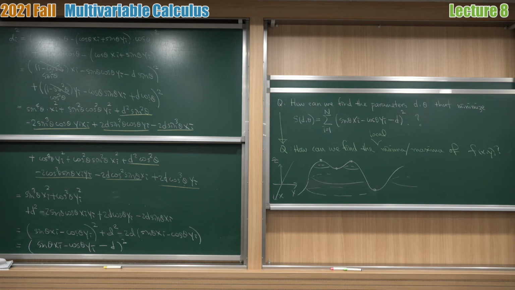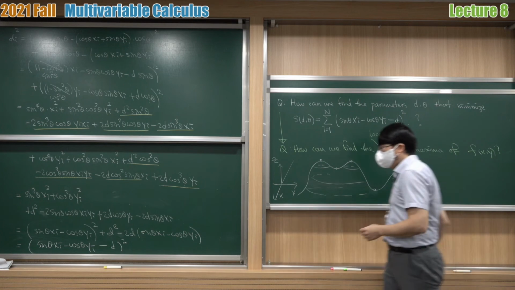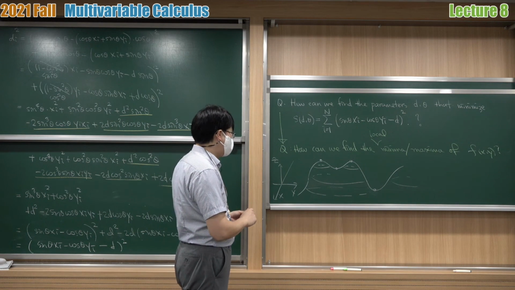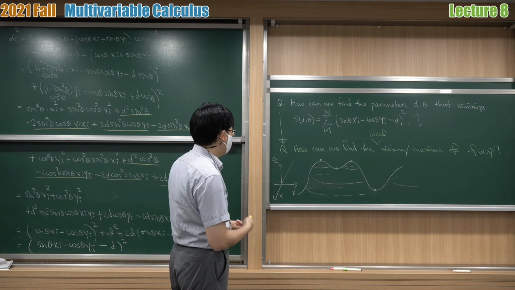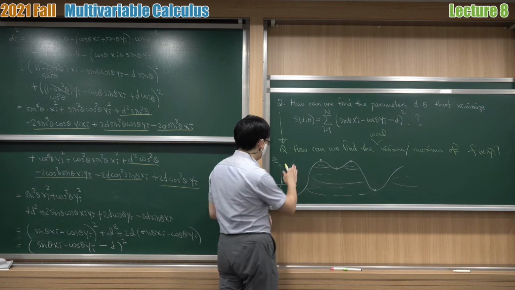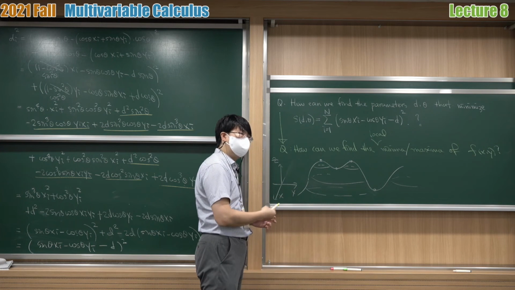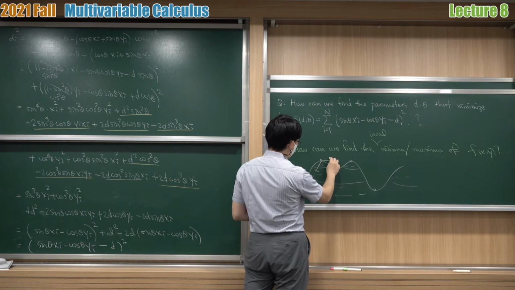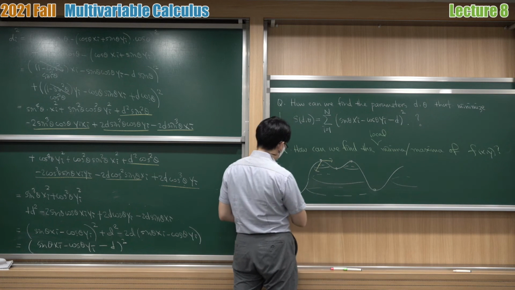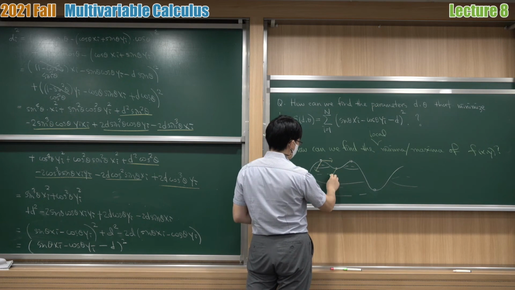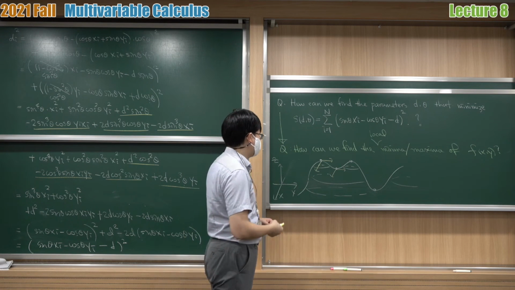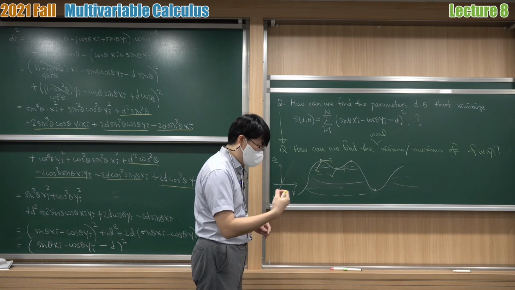Right. So the idea comes from the single variable case that you can find the possible local maxima and minima by taking the derivative. And if the derivative is zero, you can guess whether it could be maximum or minimum. Here, instead of a single case, we have two independent variables. So you have to analyze both directions, x and y, whether the rate of change is zero or not.